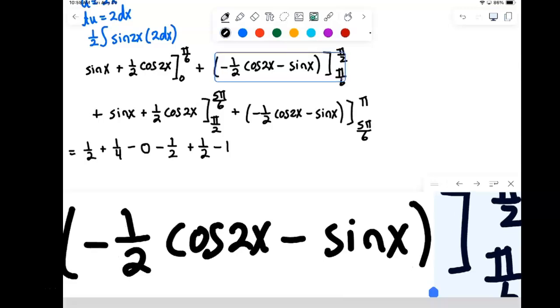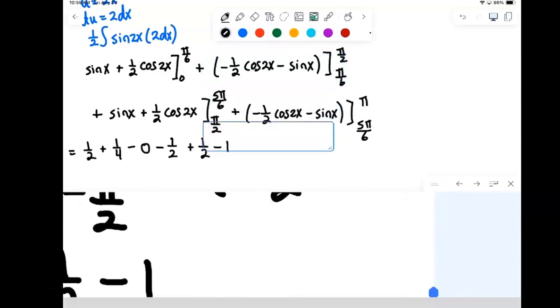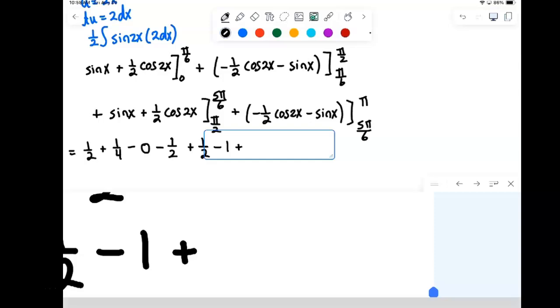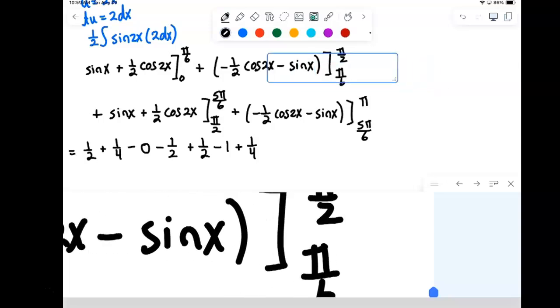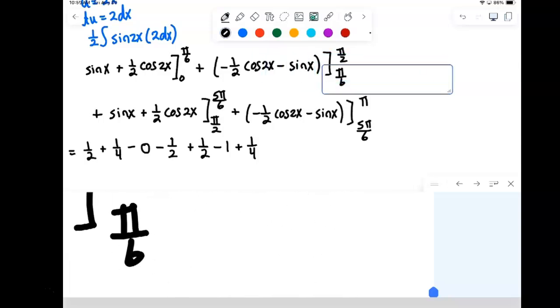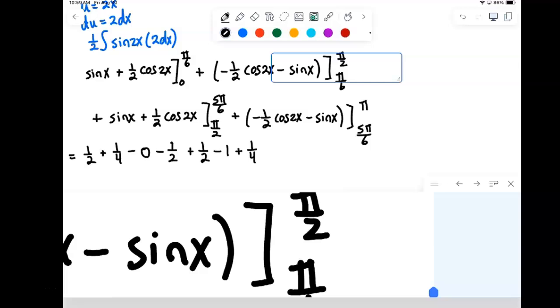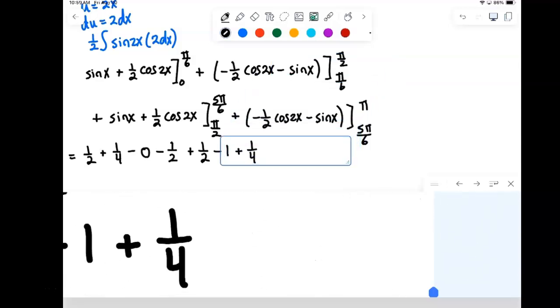So the subtraction problem cancels out that negative, making it plus 1/4. And then we go again with sine of pi over 6, which is 1/2. It has the negative in it though, so it's going to be plus 1/2.